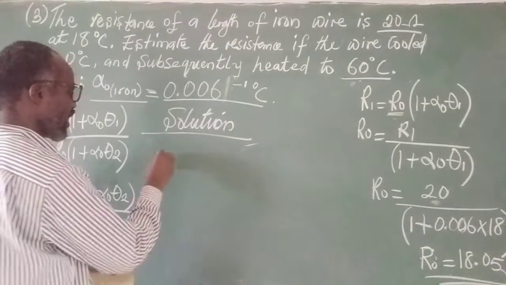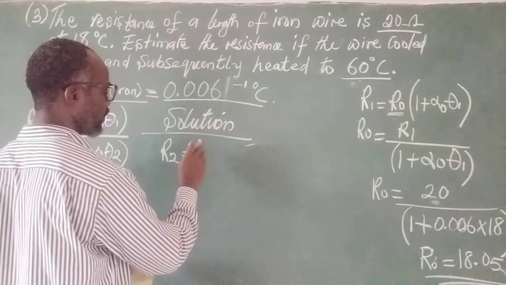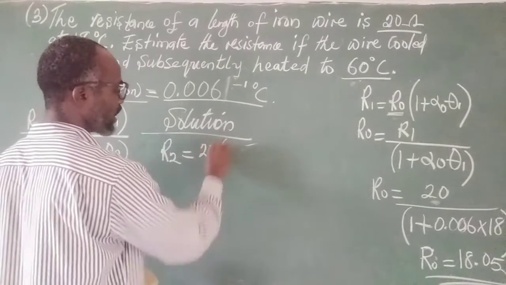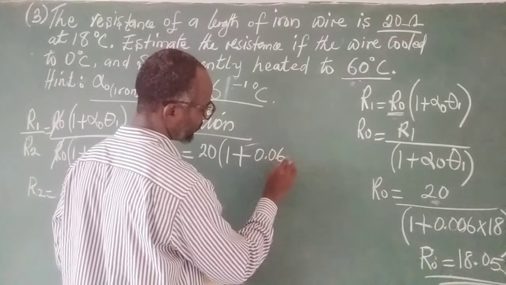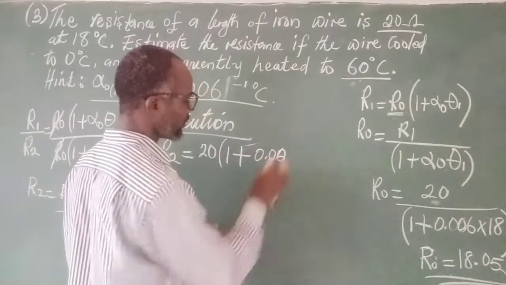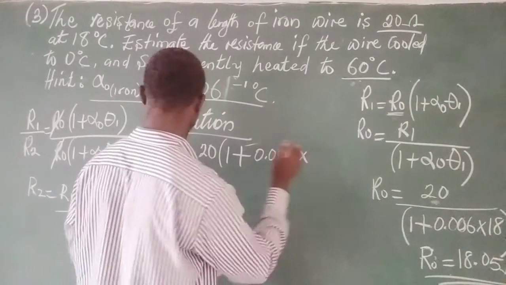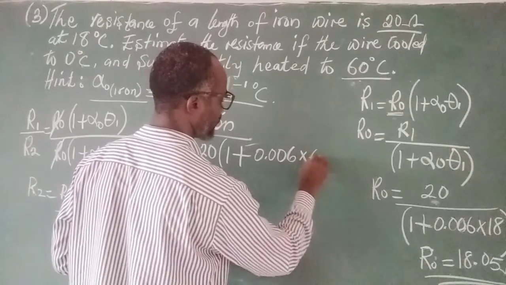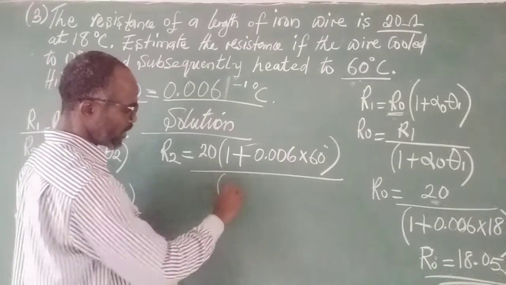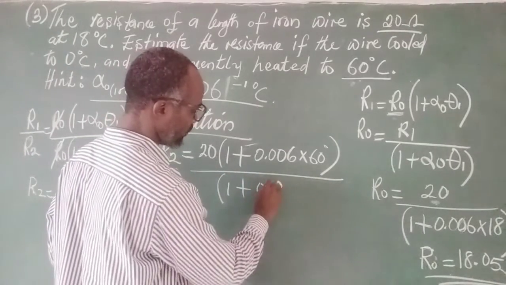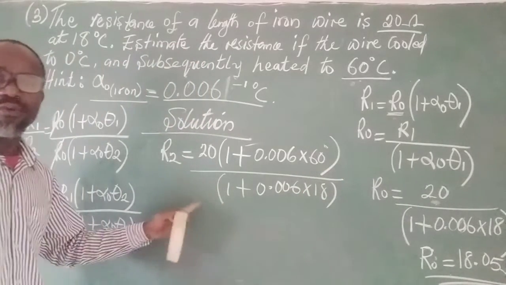So we now have that R2 is equal to, for R1 we have 20 ohms, bracket 1 plus 0.006, two zeros, times 60 degrees, all over bracket open 1 plus 0.006 times 18. So that's what we're supposed to have.